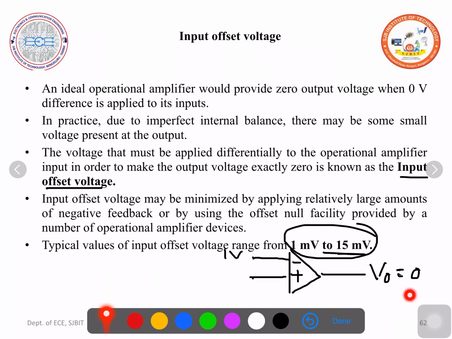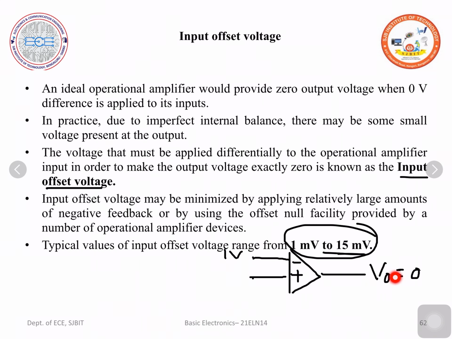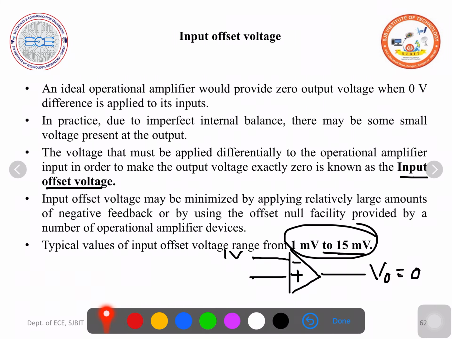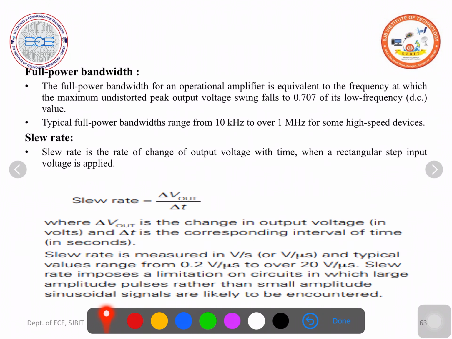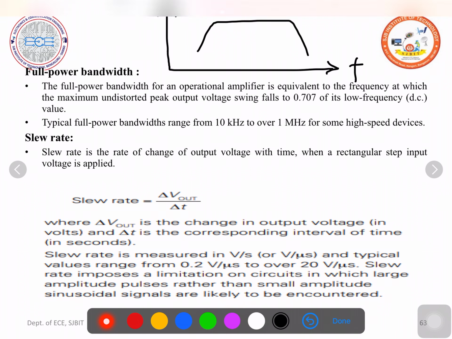The voltage that must be applied differentially to the operational amplifier in order to make the output voltage exactly 0 is known as the input offset voltage. I repeat, the voltage that must be applied differentially to the operational amplifier input in order to make the output voltage exactly 0 is known as the input offset voltage. Usually its range is 1 millivolt to 15 millivolts. So this is the input offset voltage.